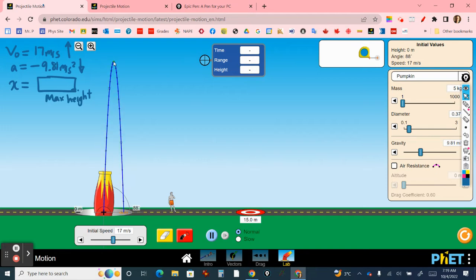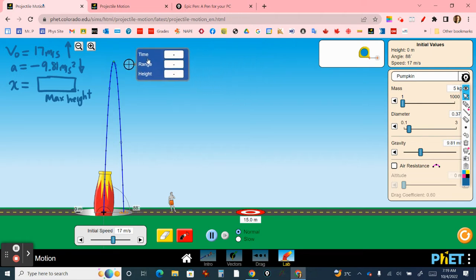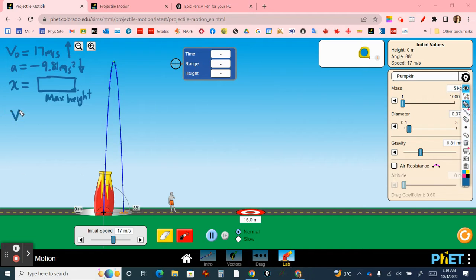It comes to a dead stop right here, and I can place this tool over and find out what the max height is, and it looks like it's 14.71 meters. So we know that at the max height, the v has dropped to 0.